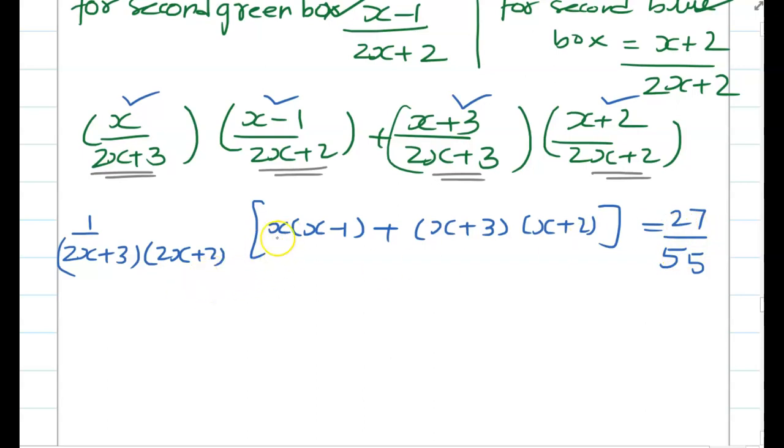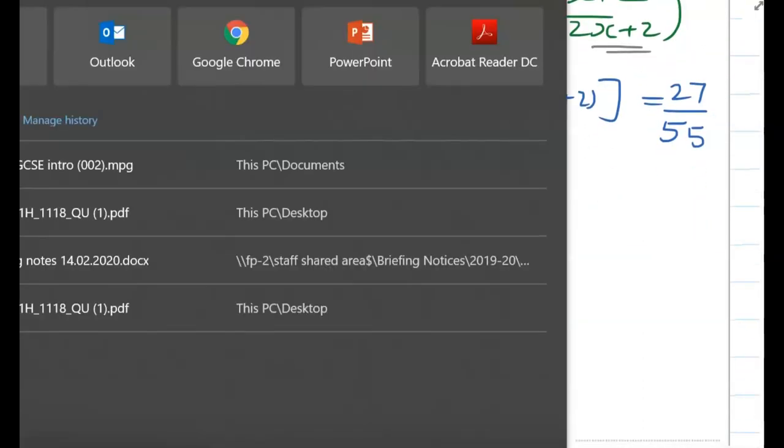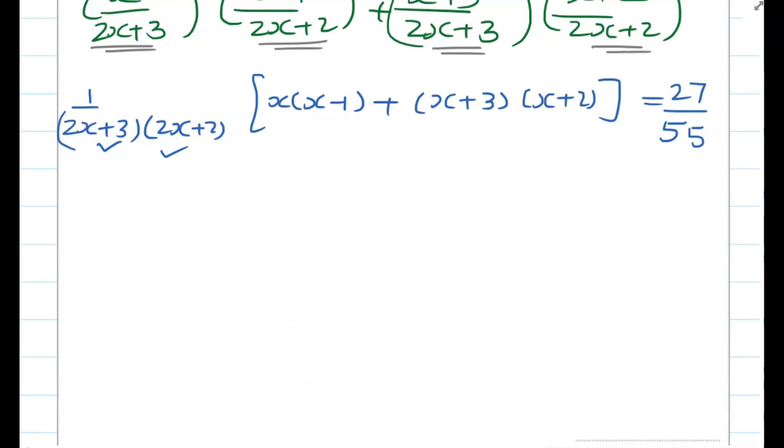If you simplify the top bit, X times X is X square minus X, and multiply these two, so on the numerator it will come to 2X square plus 4X plus 6.